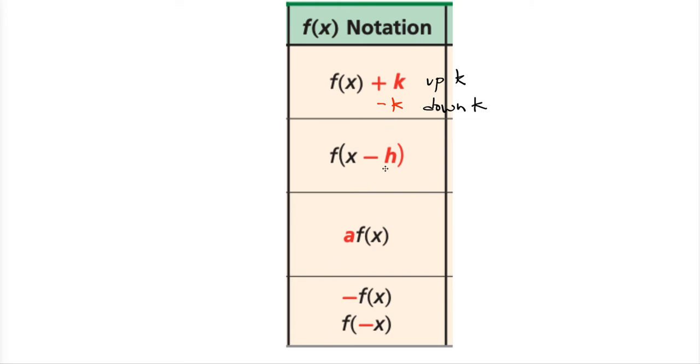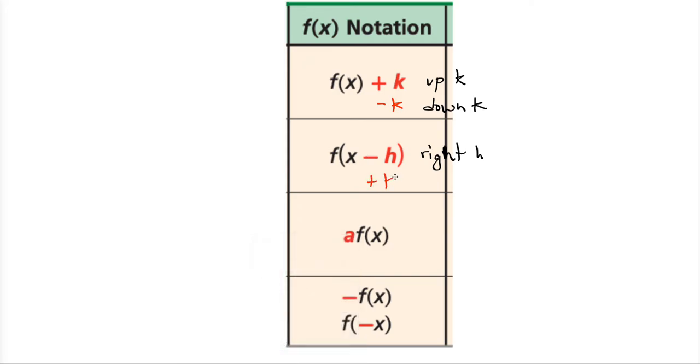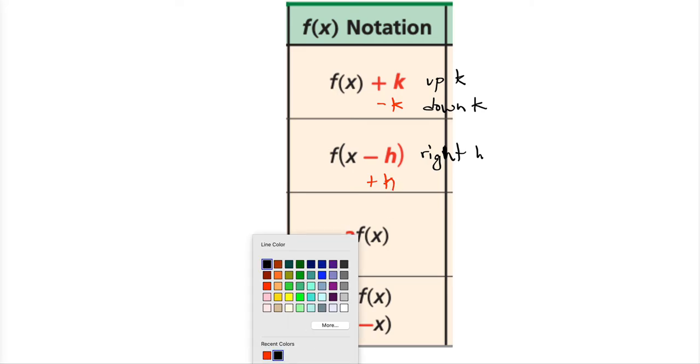If you have a minus on the inside of the parentheses, that will move it to the right. It's the opposite of what it feels like. So write whatever number that is. If you have a plus on the inside, that's an H, plus H, that would be to the left.